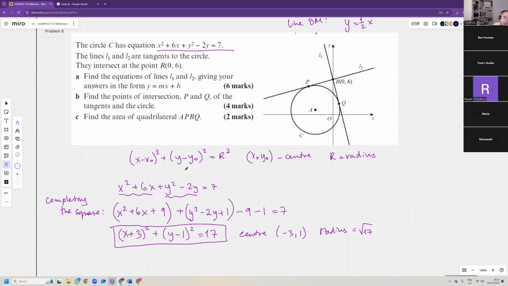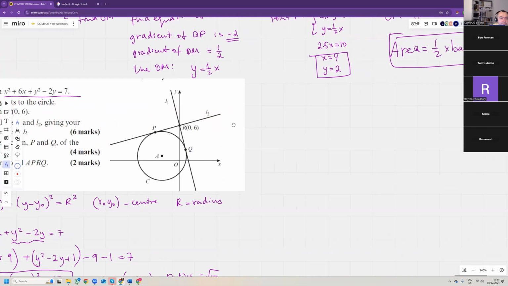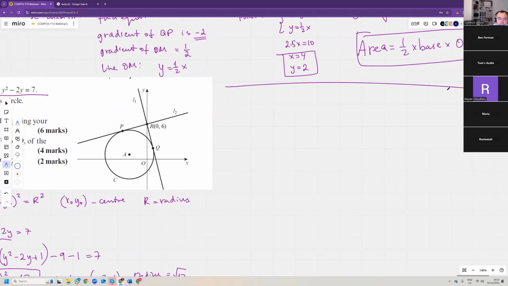What do we know about line L1? To find line L1, what do we know? We know that it passes through the point R. That means we can write down the equation y minus y1 equals m times x minus x1.